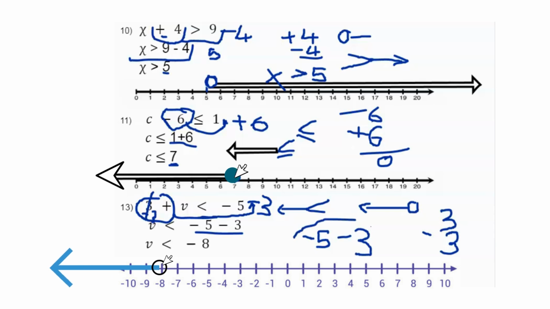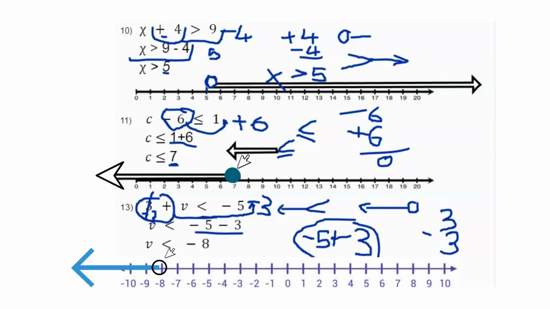Anytime you see any problem like this, you add, but you keep the negative sign. So we added -5 and -3, which gives us -8.